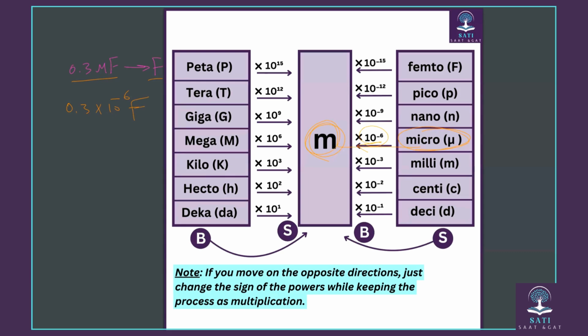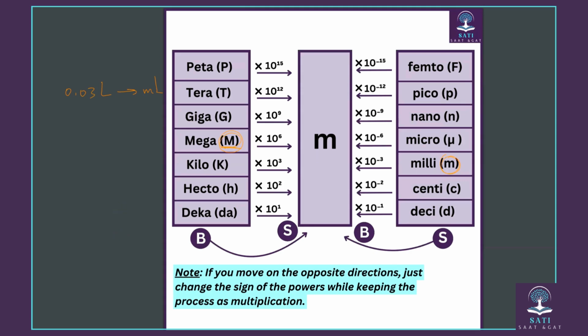Okay, another example now. If I want to change 0.03 liter into milliliter, and pay attention: mega is a capital letter, while milli is small. So there's a difference between millimeter and megameter. This one is capital and this one is small.